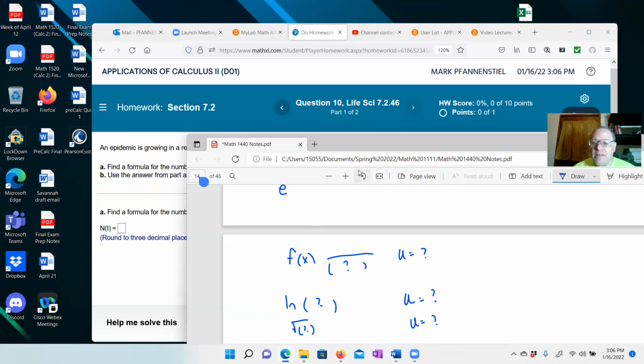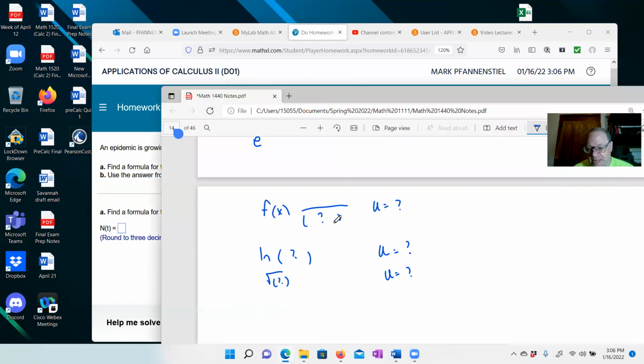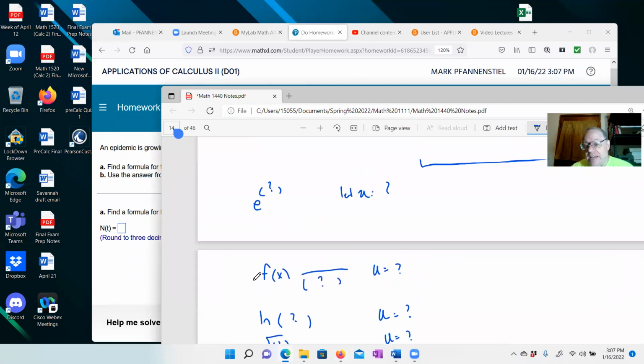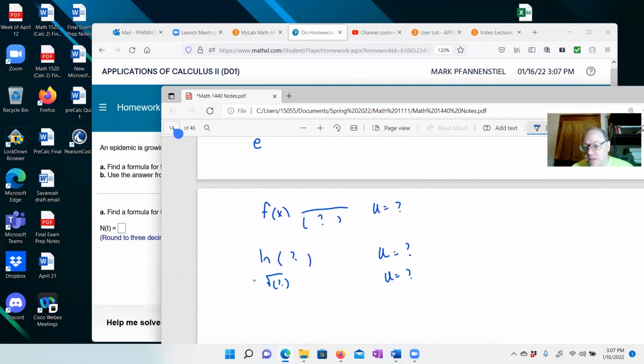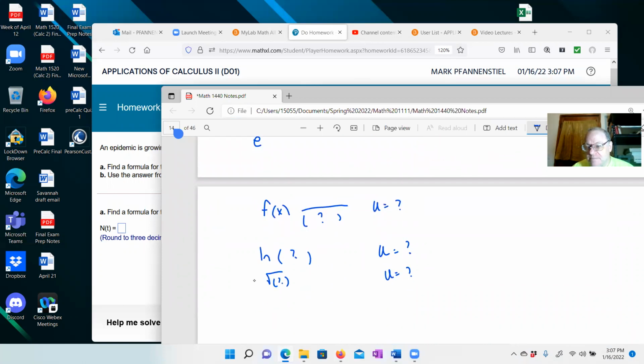If that failed, I have to re-examine it, and maybe the whole natural log is going to be u, rather than just the argument, or maybe the whole square root is going to be u, rather than just the square root. And then again, be careful with functions like y times the square root of y minus 6.